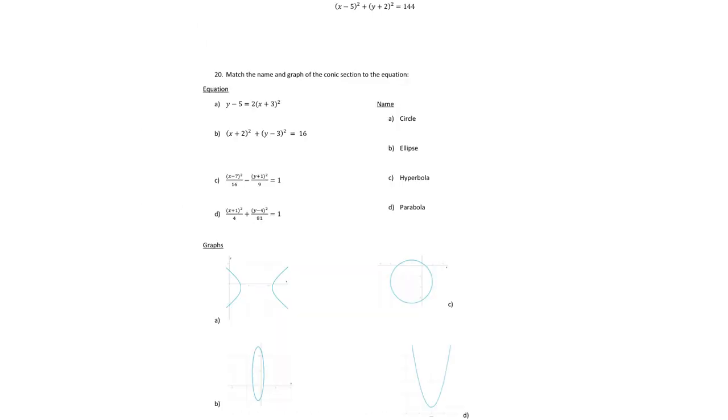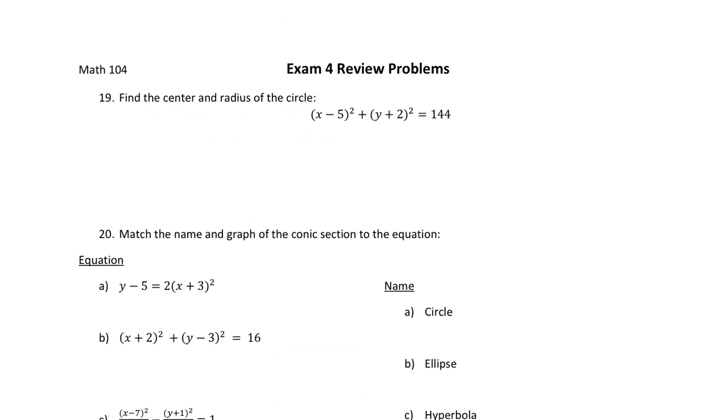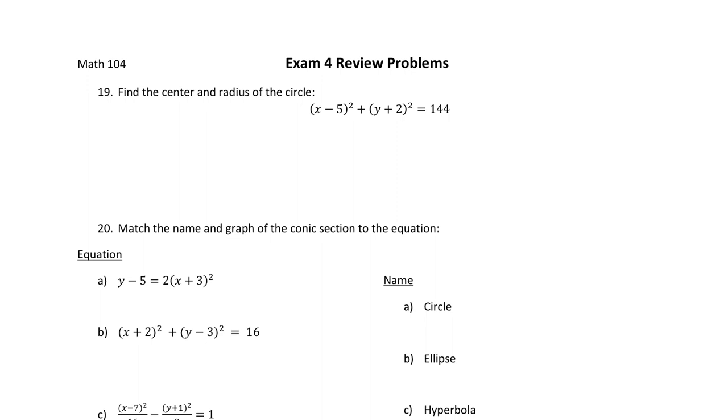All right, for question 19, this is the easiest question on the test. Find the center and the radius. So for the center, we just change the signs inside the parentheses. The value on the x is x minus 5, so that becomes a positive 5. And a plus 2 on the y becomes a negative 2 for y.